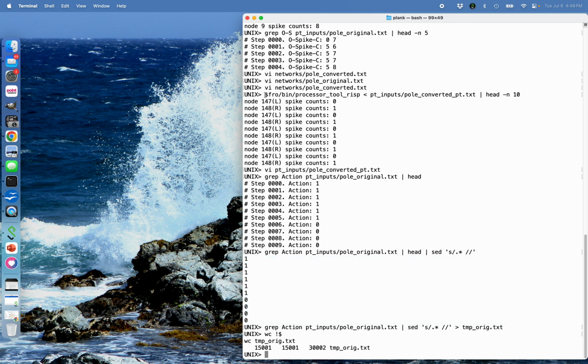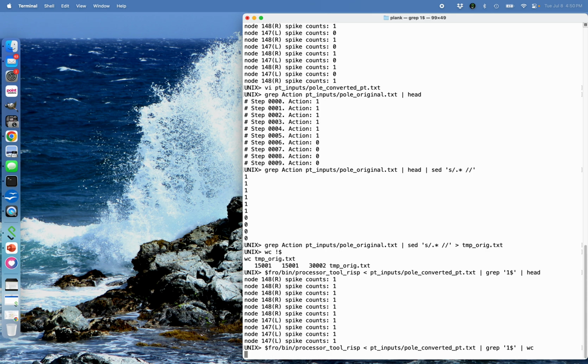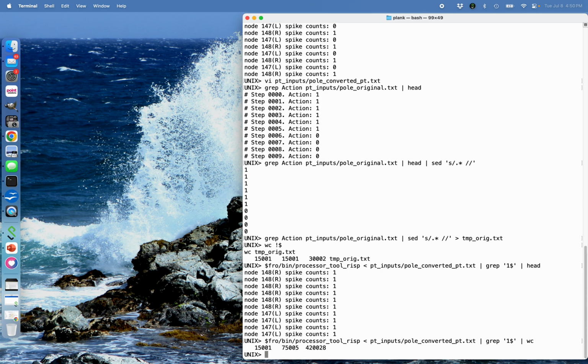Okay, so if we run this, and then let's grep for a 1 as the last character. Pipe that to head. So you see, when it's going right, it's neuron 148. When it's going left, it's neuron 147. Again, if I do a wc, this should be 15,001 because at each time step we get exactly 1 spike.